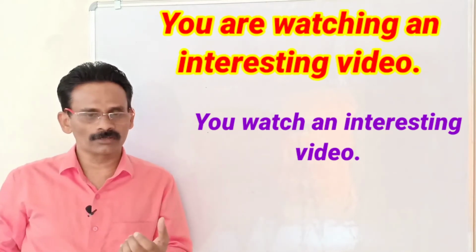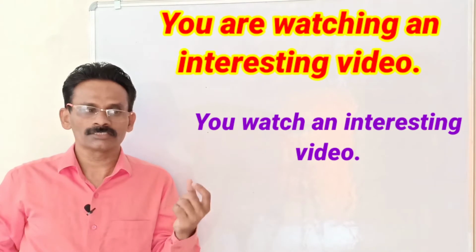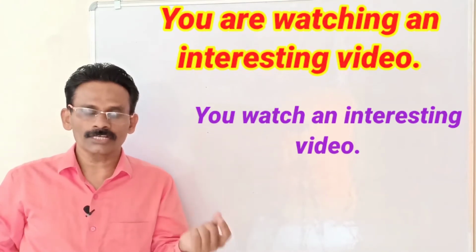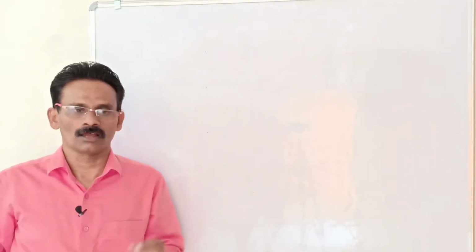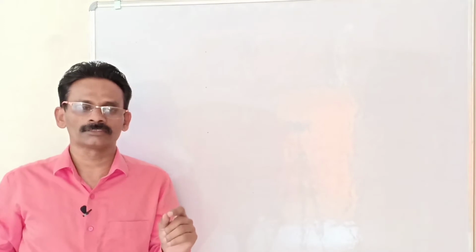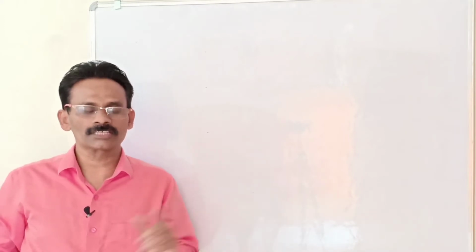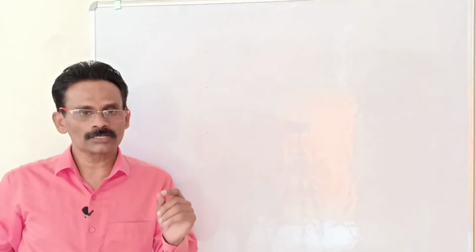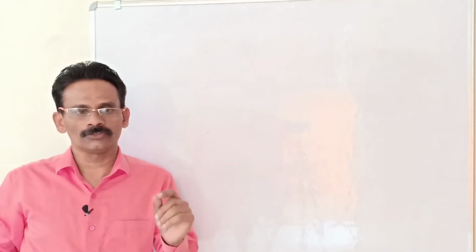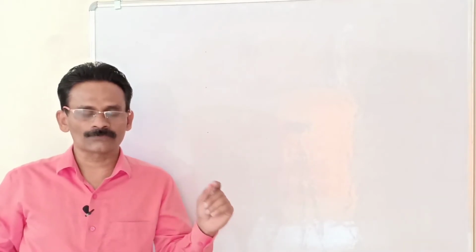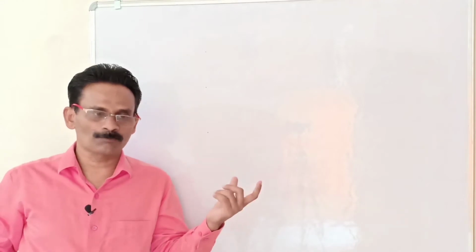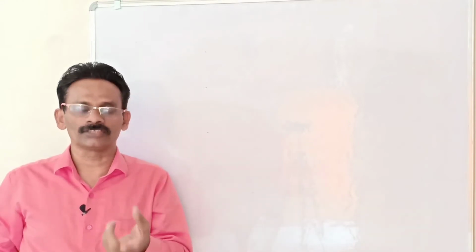In the previous video, we learned gerund and the functions of gerund. I give you the link of the gerund in the description. Kindly go through so that you may understand the difference between present participle and the gerund.